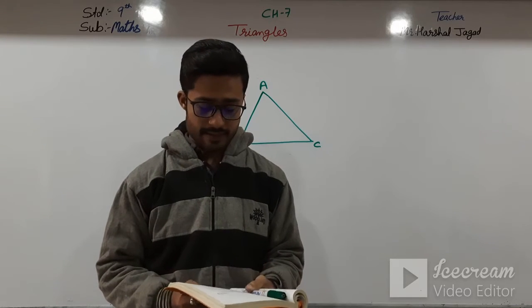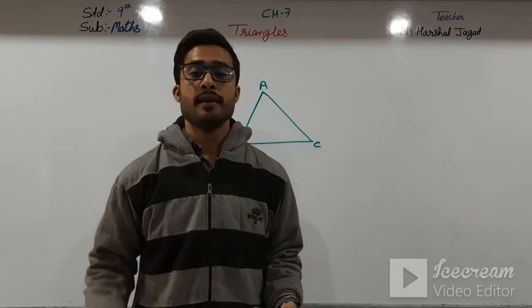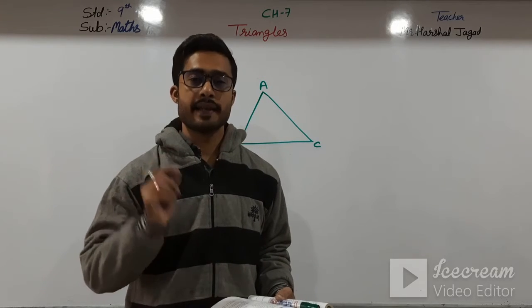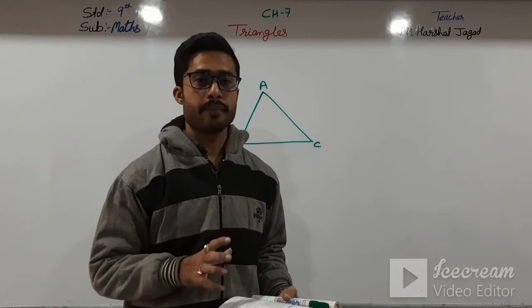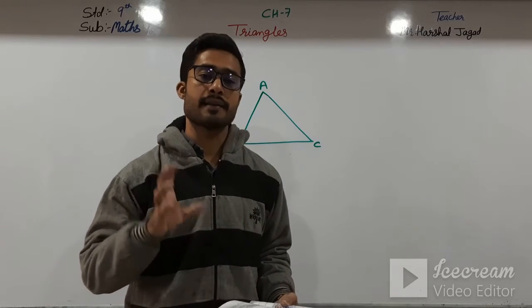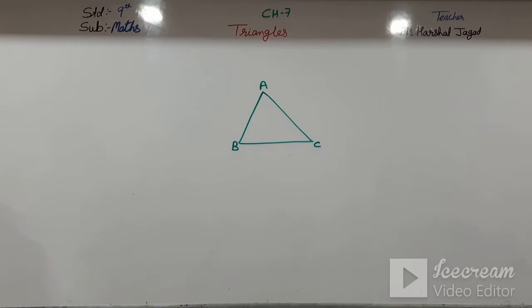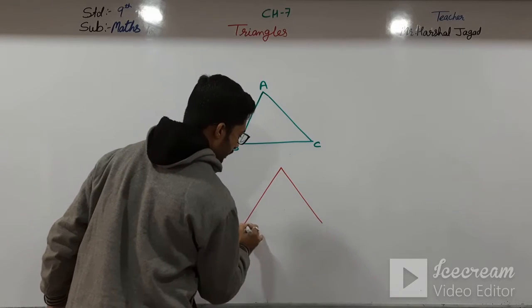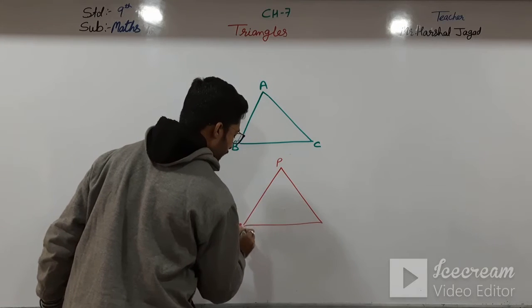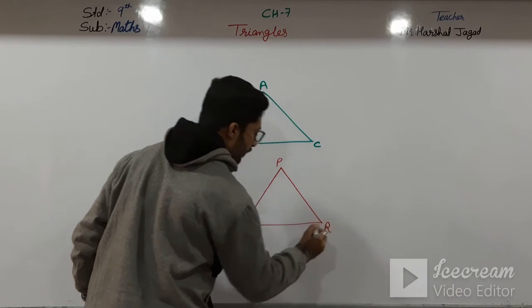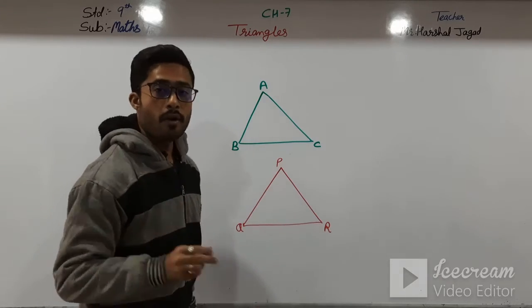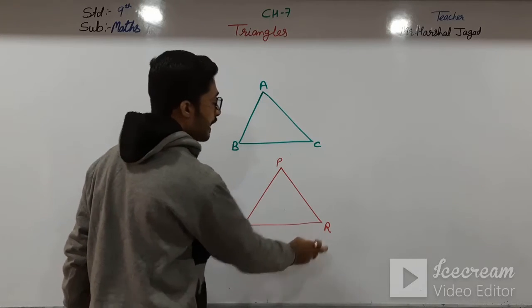Now, first of all, they are telling about the congruence of triangles. So, what is congruence of triangles? It means when two triangles are the same in size and shape, they are the same as each other. See here, if I draw a triangle, and another triangle like this, PQR, then I will say that triangle ABC is congruent to triangle PQR.